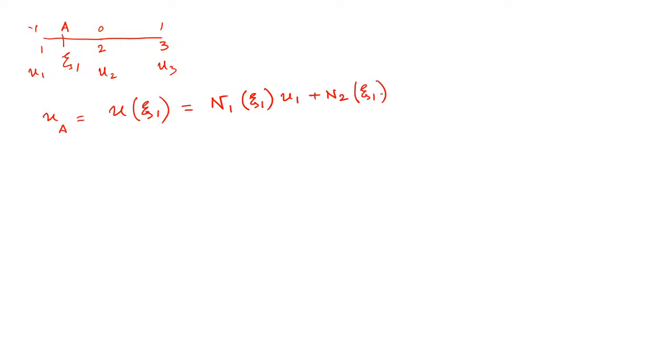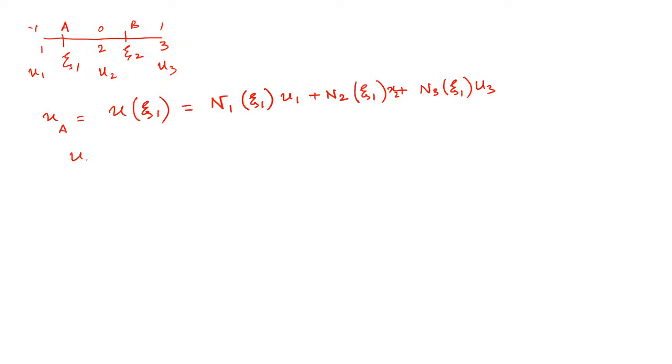Xi1 is that particular xi coordinate, nothing else. Now suppose you want to get the displacement at another coordinate, suppose that is xi2.